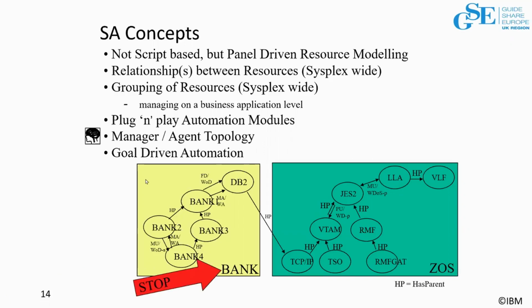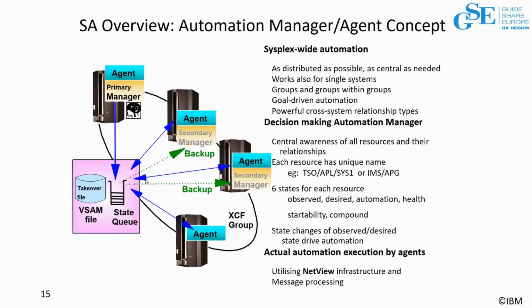It knows about all these relationships, and it will then take the entire thing down, but it will take it down in the correct order so that there are no problems. So one of the big advantages of groups is you can manipulate an entire set of resources just with a single command. And you can have groups within groups, and so on and so forth.